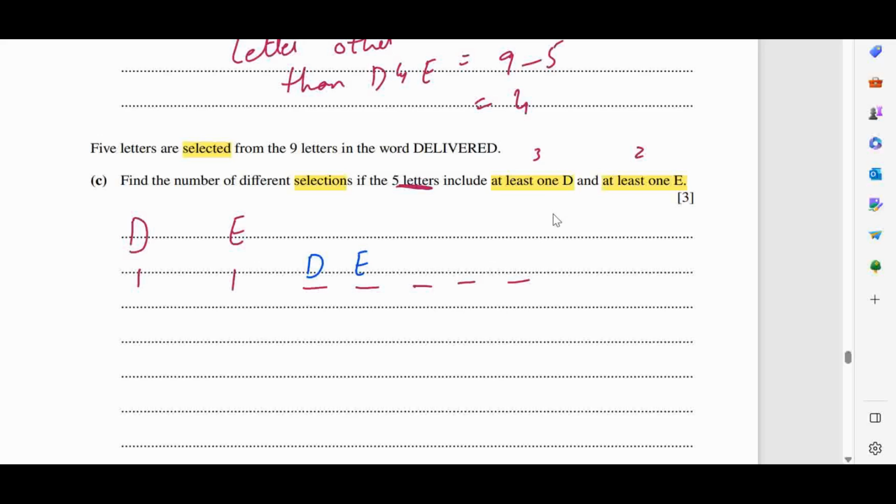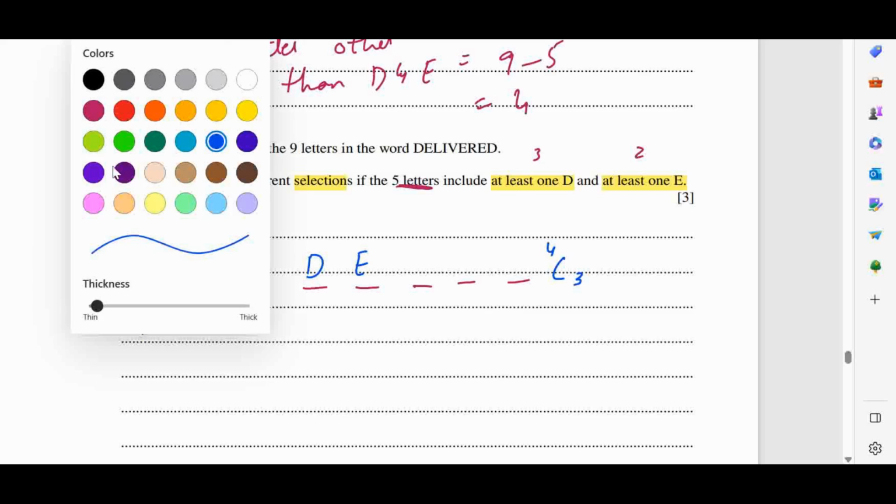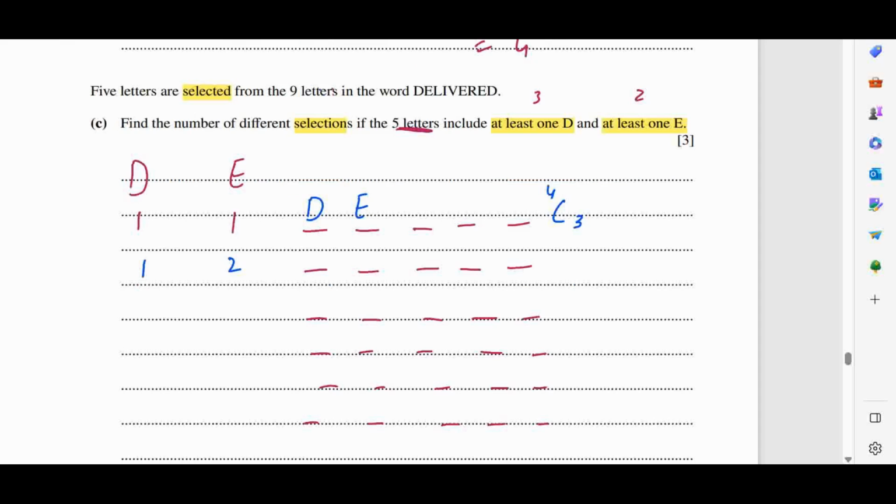So we have 4C3. We have 2 E's and 1 D, so now we have D, E and another E. We have 2 spaces, so 4C2.